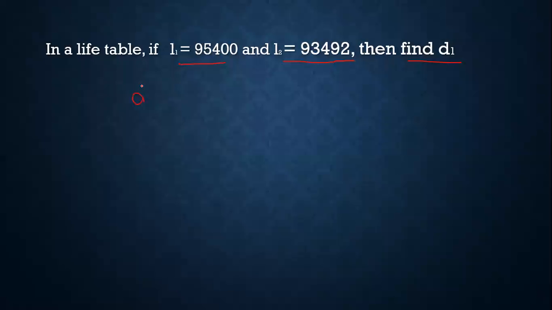What is the formula? Dx is equal to Lx minus Lx plus 1. Here they have given us the value L1, so we can consider Lx as L1, that is 95,400.